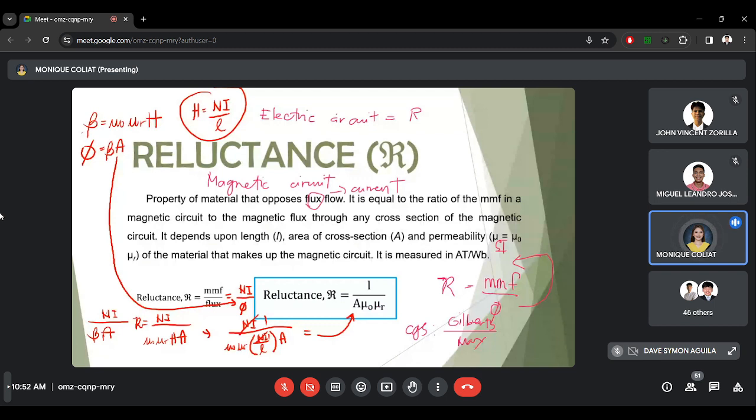In MKS, your unit is ampere turn per Weber, and in CGS, your unit is Gilberts per Maxwell. Later, we will add it to the table, so just keep it.